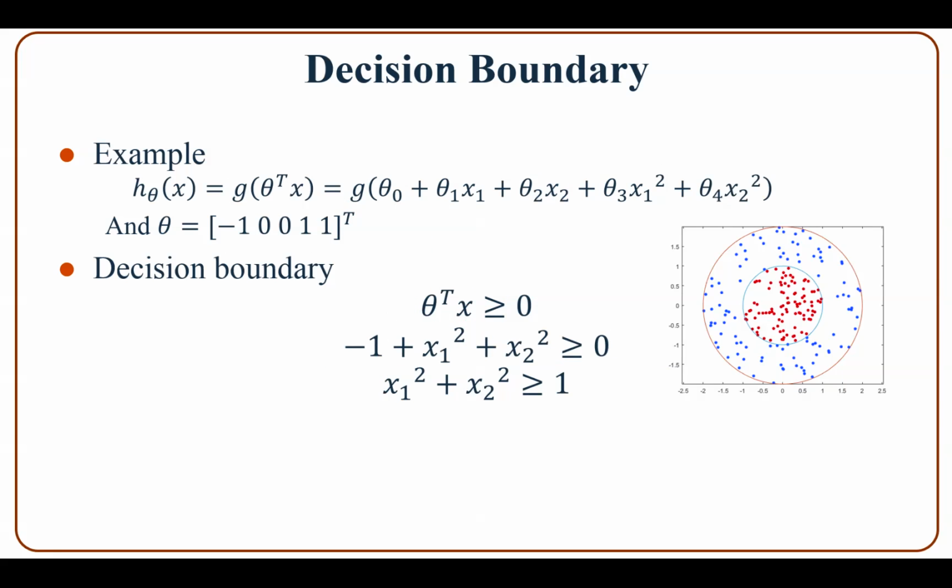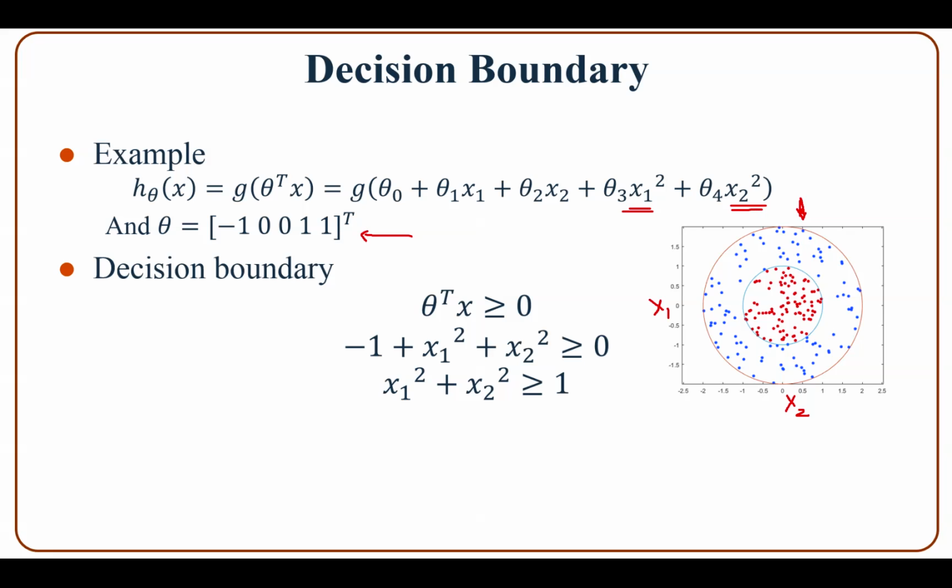Now let's look at another example. Now I have another data set, and it looks like the decision boundary is nonlinear. This is also a two-dimensional problem with x1 and x2. Let's say this is x1 and that is x2, and here we add the quadratic terms.